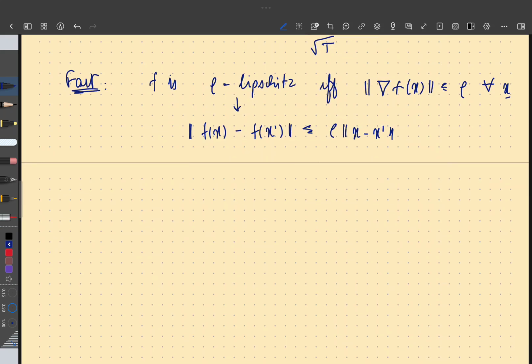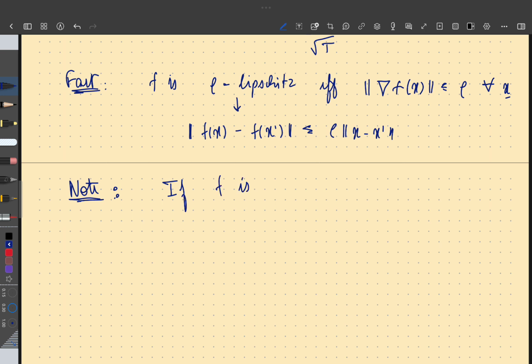So one point is that in all of this analysis, I didn't actually have to use gradients. I could as well have replaced these with subgradients. What is a subgradient?